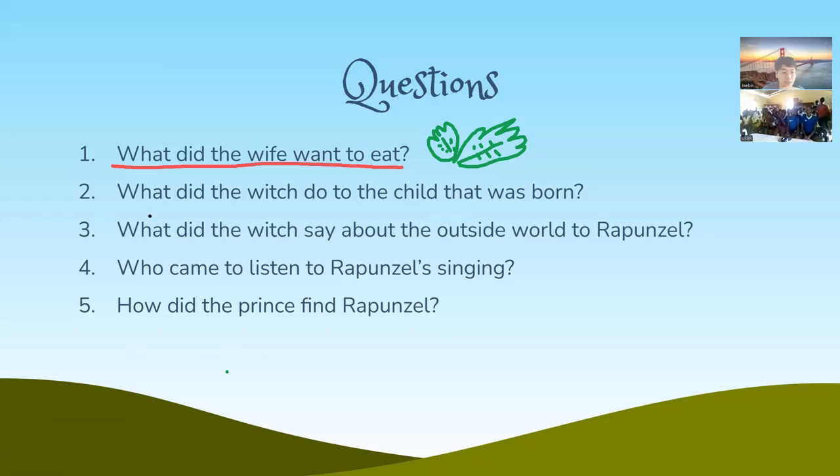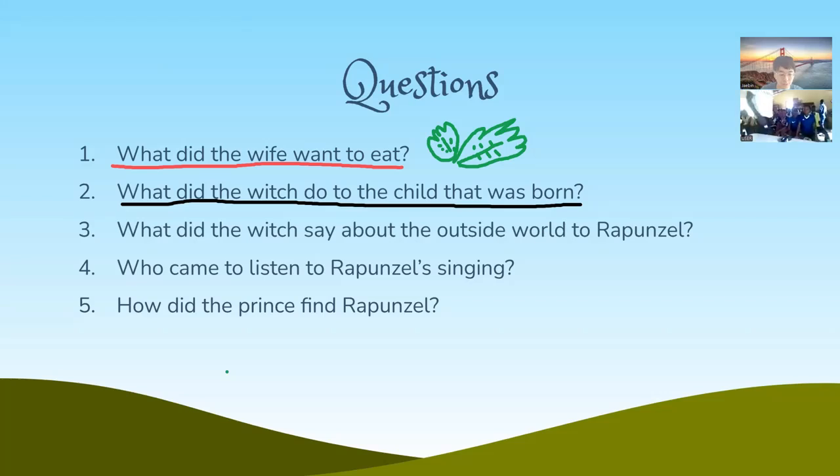Okay, so the second question. What did the witch do to the child that was born? After she made the promise with the husband, what did the witch do to the child?